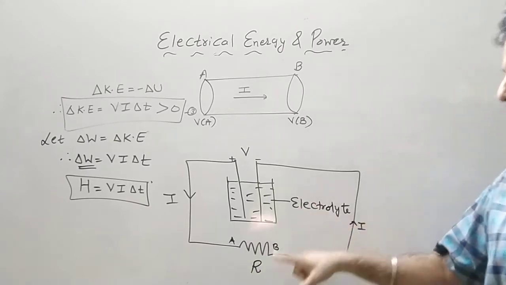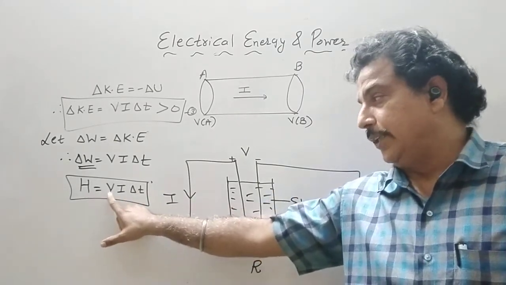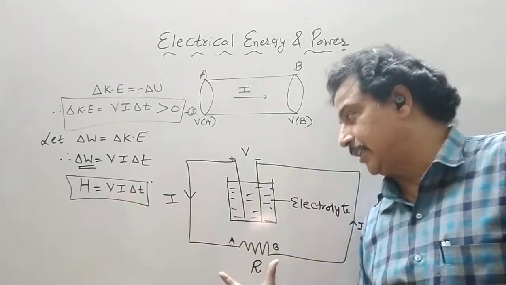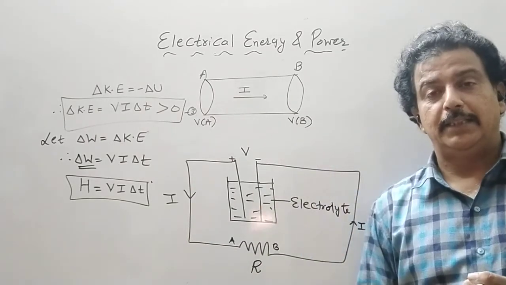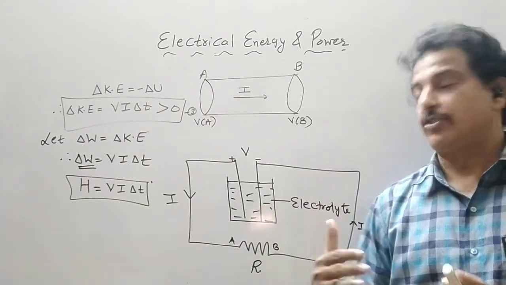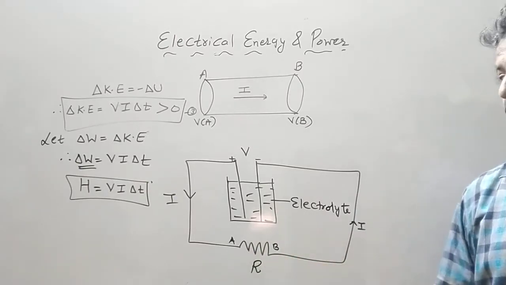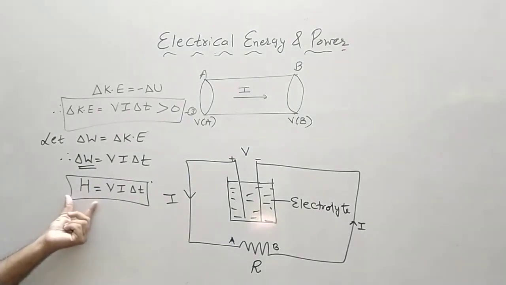So that heat energy is equal to V, the potential difference across the conductor, and the current I flowing through it, multiplied by the interval for which the current flows through this resistor. So this is referred to as the heat loss.